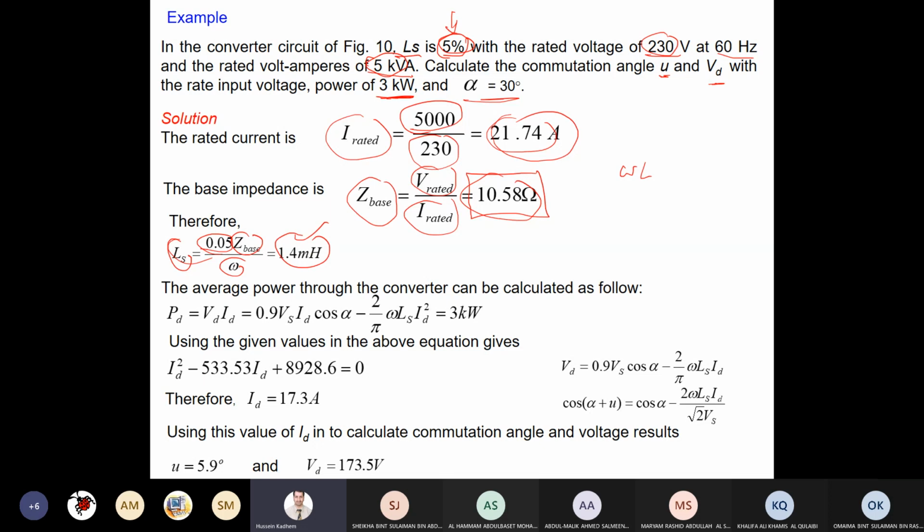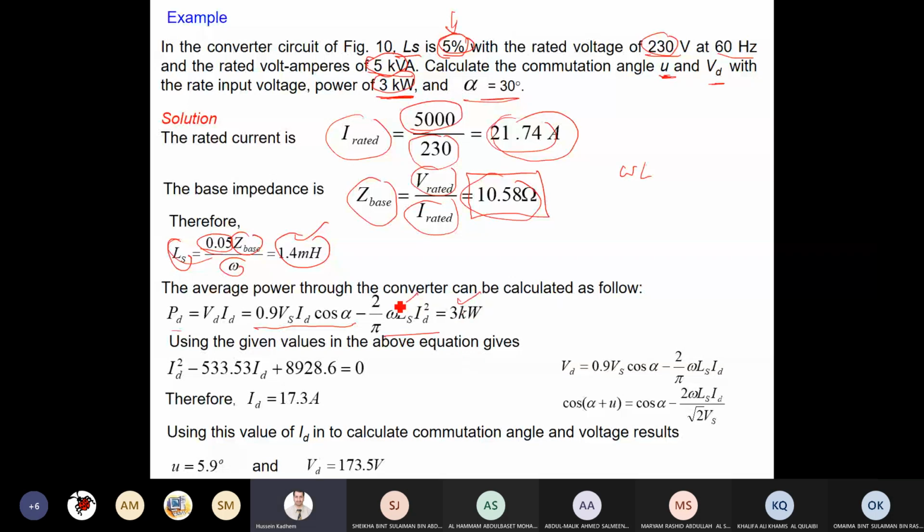Next, I want to find the commutation angle. But to find the commutation angle, you remember we need ID, the delivered current. Now have a look. Power, he gave me a piece of information here. Power is 3 kilowatt. I know that power is Vd times ID, which equals 0.9 Vs cosine alpha minus the drop, as I mentioned, multiplied by ID. Now this is 3 kilo, the power.